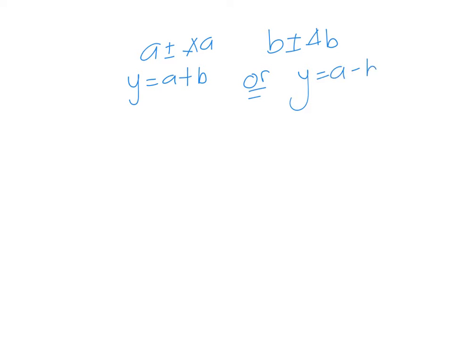So the idea is, when you plus or minus, the first one is called addition and subtraction. So let's say you got two quantities, A and B. For example, A plus minus delta A and B plus minus delta B. If you add them up together, let's say Y equals A plus B, or you minus them, let's say Y equals A minus B, the uncertainty of Y is still delta A plus delta B. That means your uncertainty in your final answer you must add up.